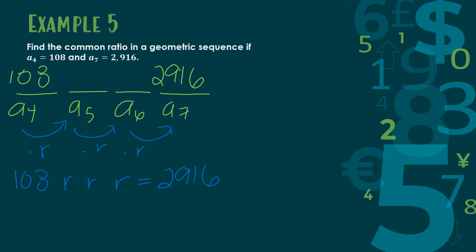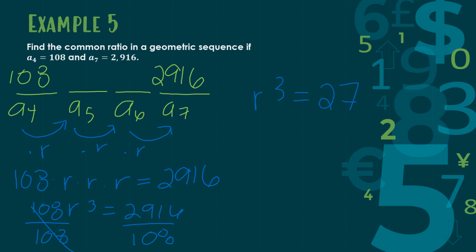But instead of writing r times r times r, it'd be a lot easier if we just wrote 108r cubed equals 2,916. So now we're going to solve this. So first thing we're going to do is divide by our leading coefficient of 108. So that gives us r cubed equals 27.